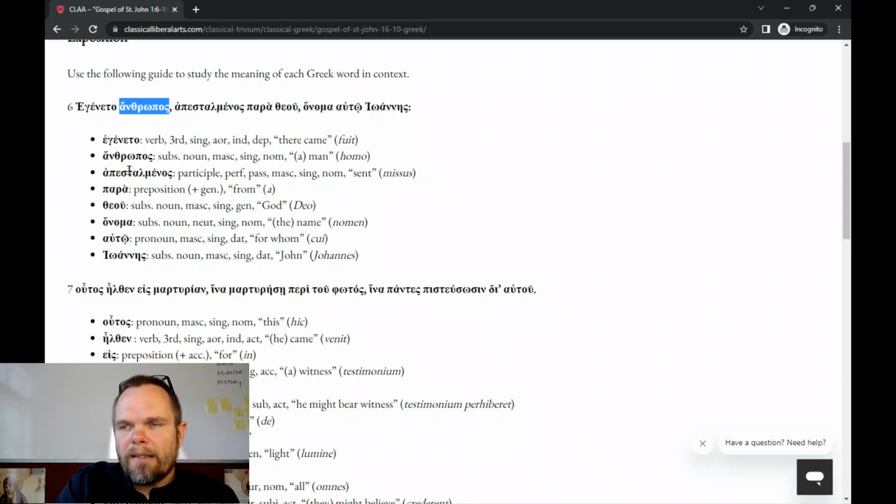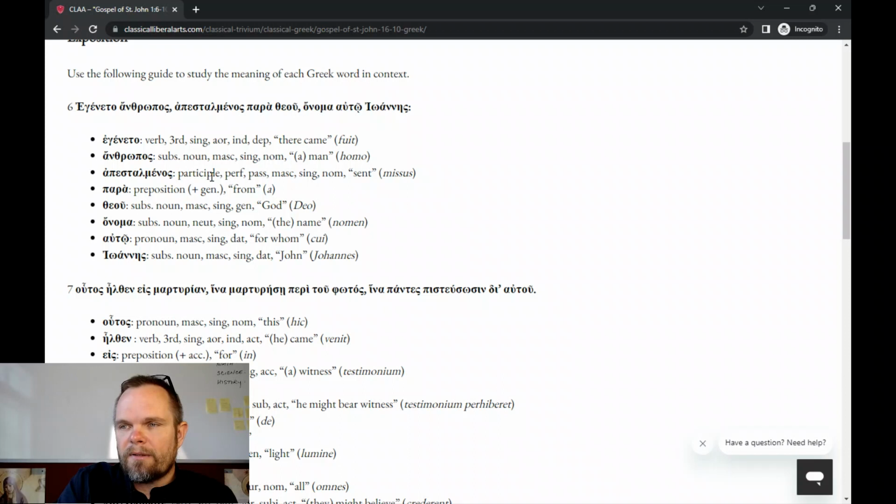Apestalmenos. This is a participle, as you can see. So it's a verbal adjective. It's a word that functions like an adjective, but it's derived from a verb and has the characteristics of a verb. If you look at the characteristics listed here, you'll see this is pretty complicated. It participates in the characteristics of both a verb and a noun.